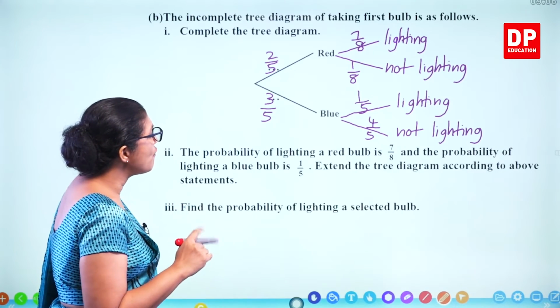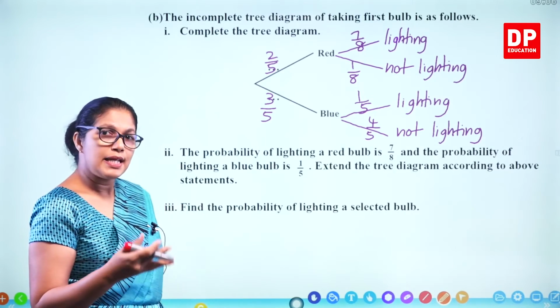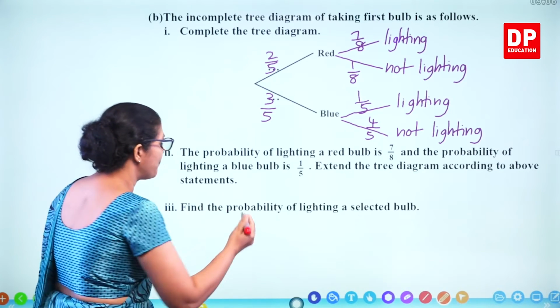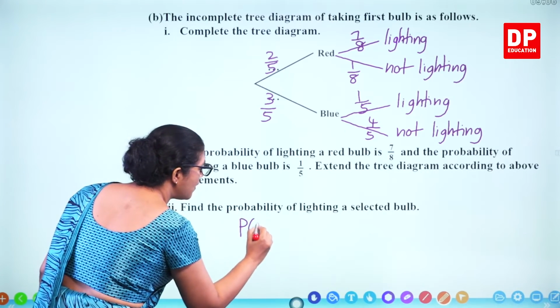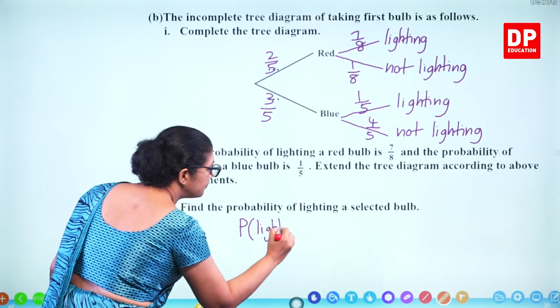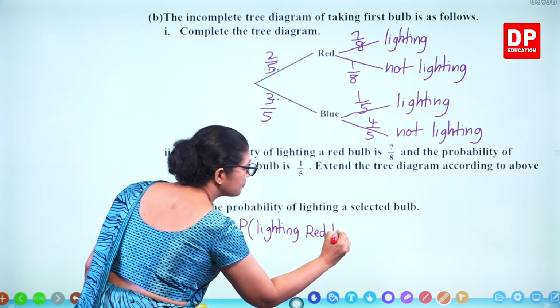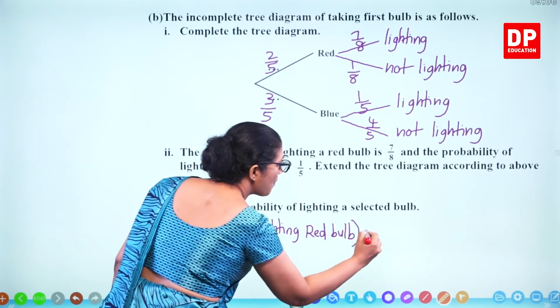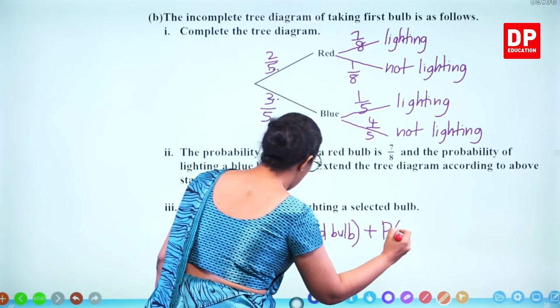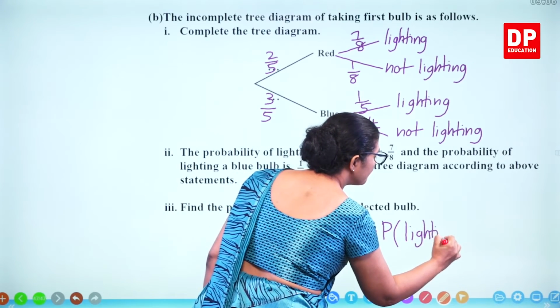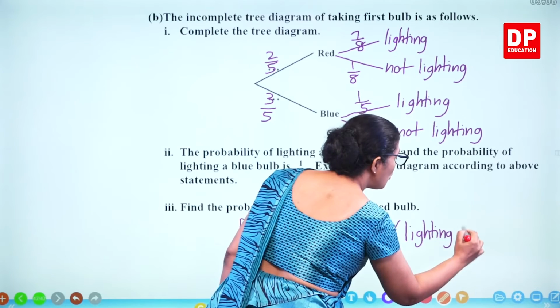Find the probability of lighting a selected bulb. It can be either a red bulb or a blue bulb. So probability of lighting red bulb plus probability of lighting blue bulb.